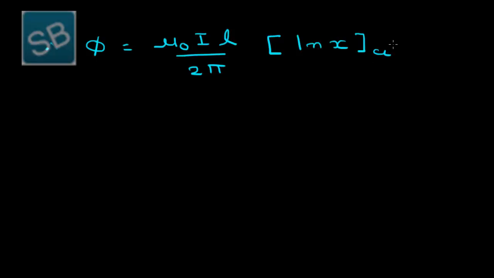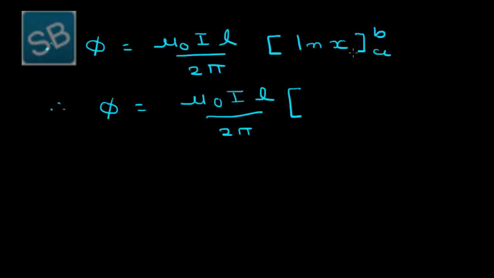Therefore phi equals mu 0 I L upon 2 pi times ln x from A to B. Instead of x I am putting the initial and final values.